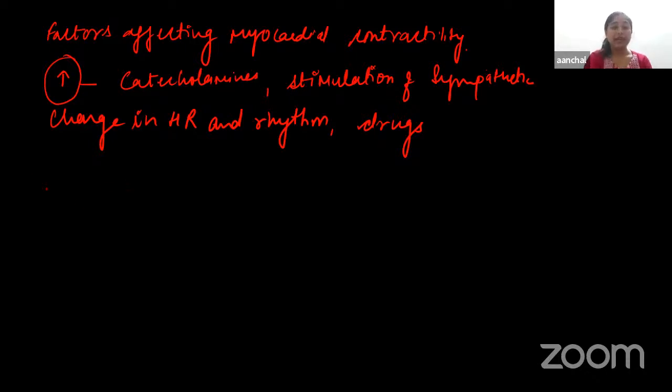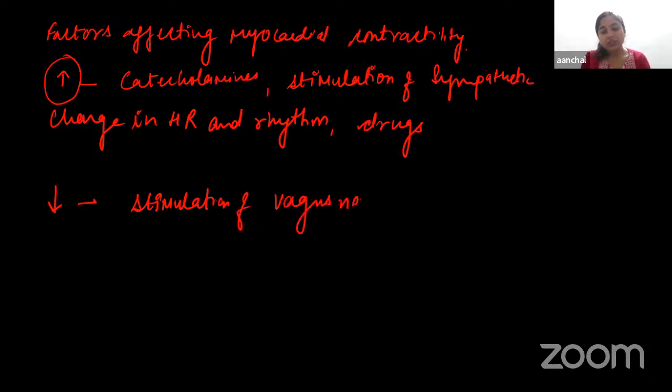Another thing: what happens when there will be a decrease? What are the factors responsible for decreasing the myocardial contractility? Myocardial contractility decreases by the stimulation of the vagus nerve. The vagus nerve to the heart produces a negative inotropic effect.